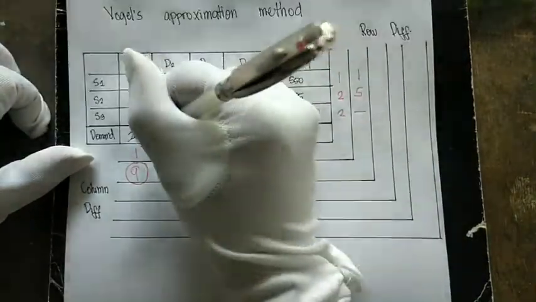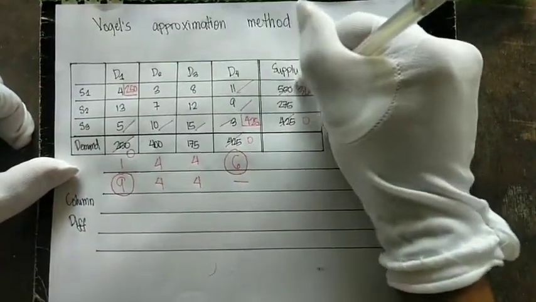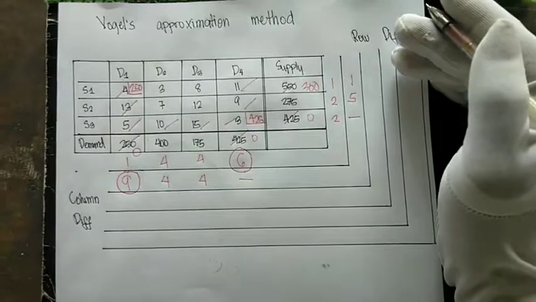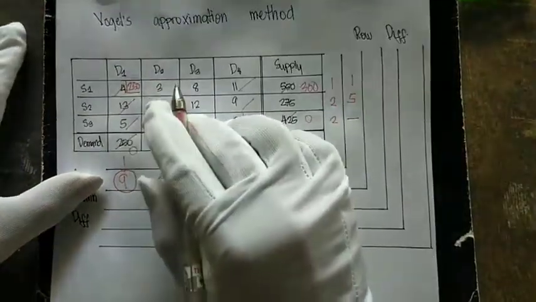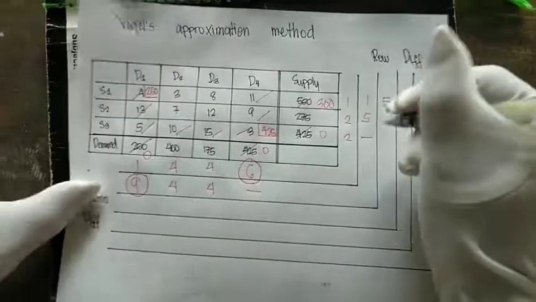Cancel this demand and supply; minus 250 will leave 300, and this column will be cancelled out. Our next step will have the same process. So 3 and 8 we will get 5, 7 and 12 we will get 5.